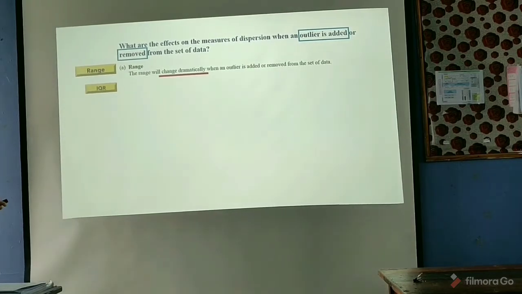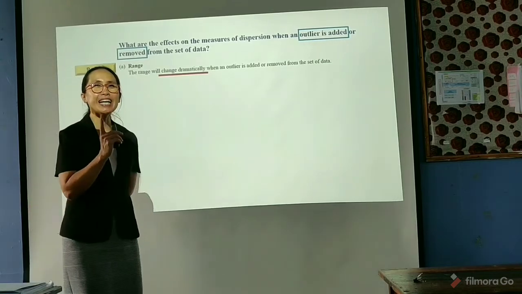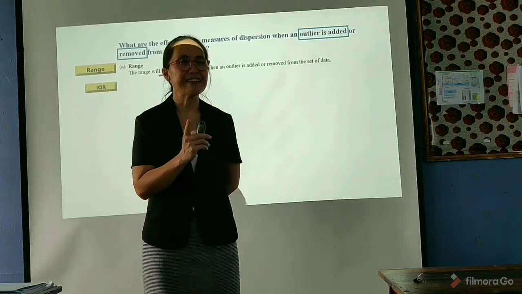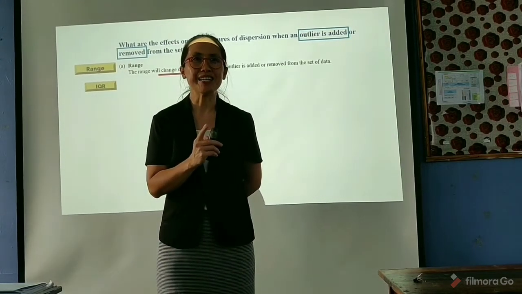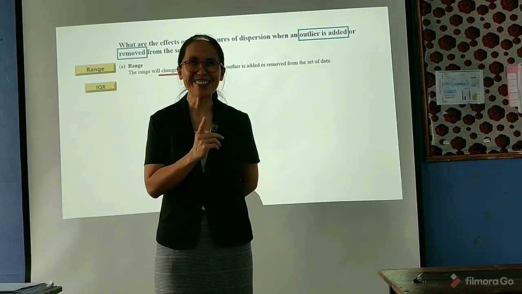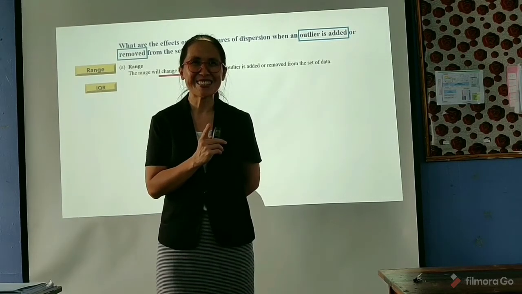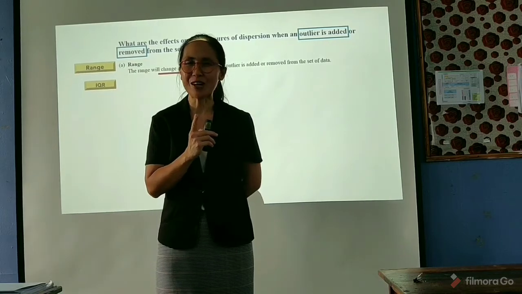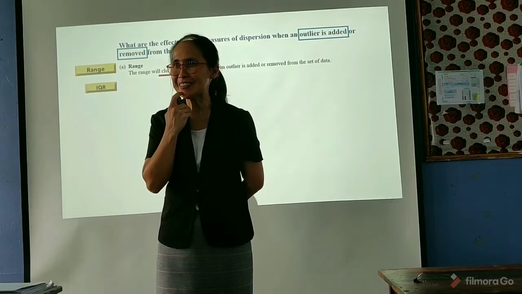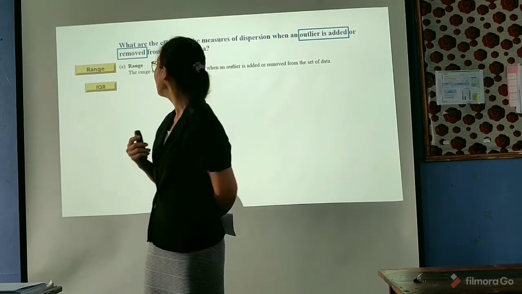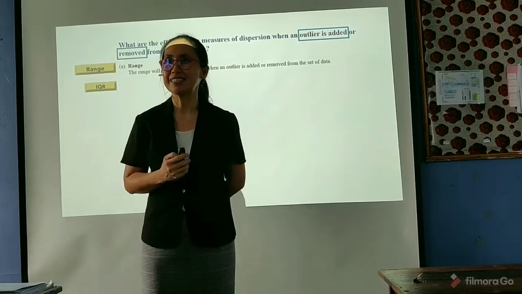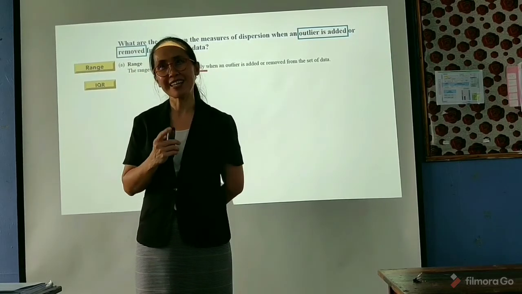What about the IQR? Will the IQR be affected when you add or remove the outlier?